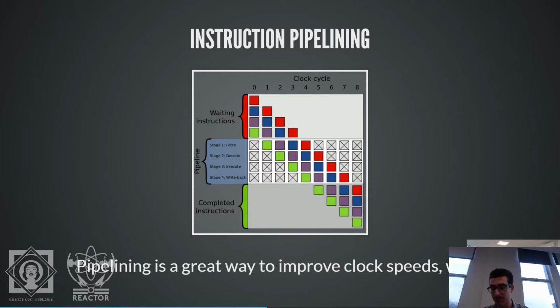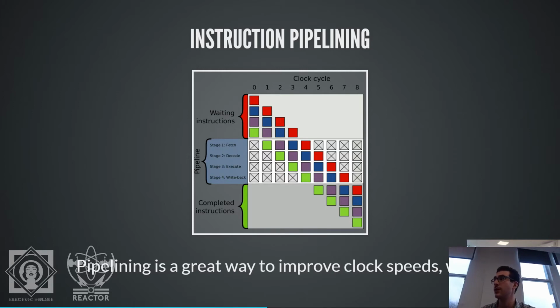We have a step which fetches an instruction, a step which decodes one, a step which executes it, a step which writes the results back somewhere, and each clock cycle we do one of these. Because we've got these four different units of work in our CPU, we can do all of these in parallel, right? Whilst instruction 4 is being written back to memory, we can be executing instruction 3 at the same time, decoding instruction 2, and fetching instruction 1.